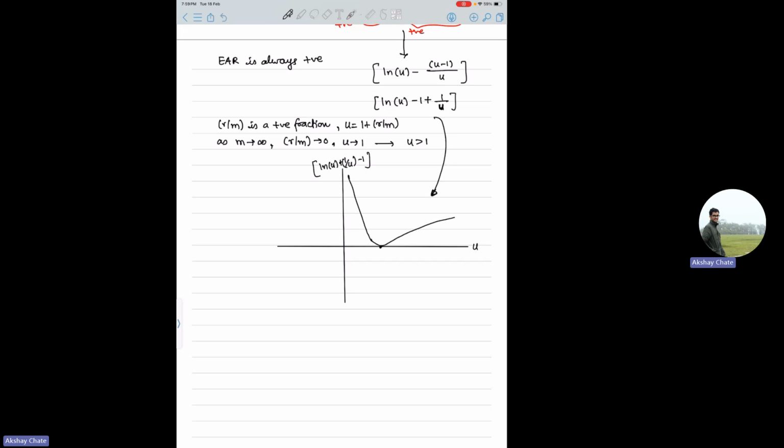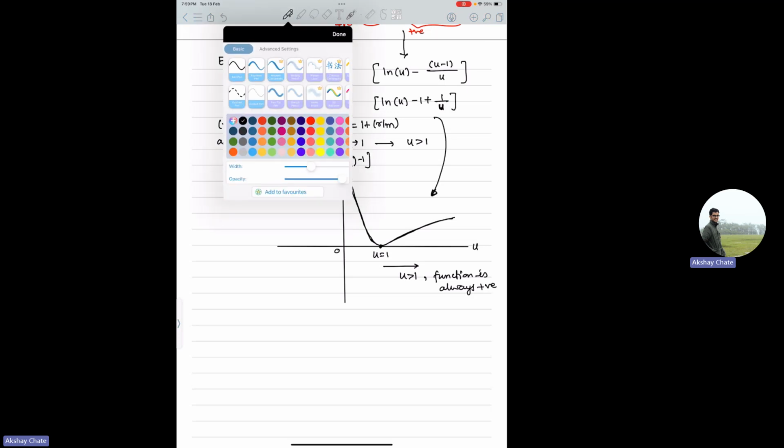You can also mathematically do this, but we are running out of time. But what I'm trying to say is U equal to 1 is a minima for this function, and for U values greater than 1, this function is always positive. So this is your, let's say, 0, and if you want I can use some other color also.